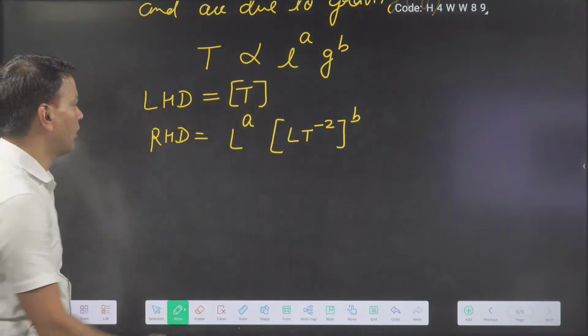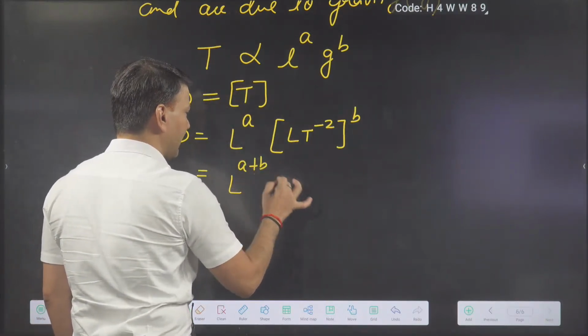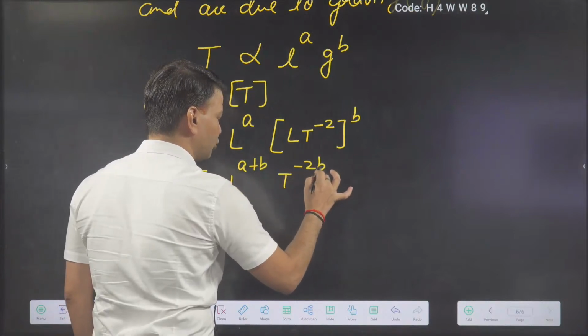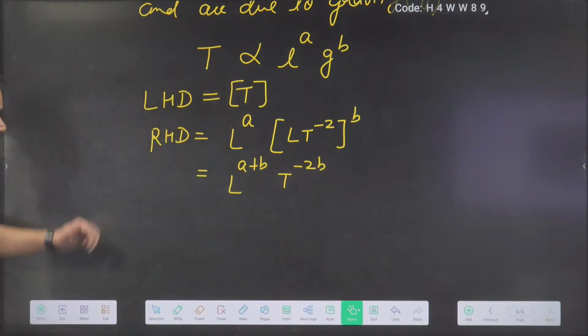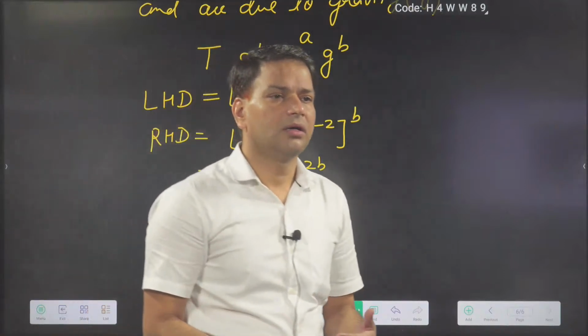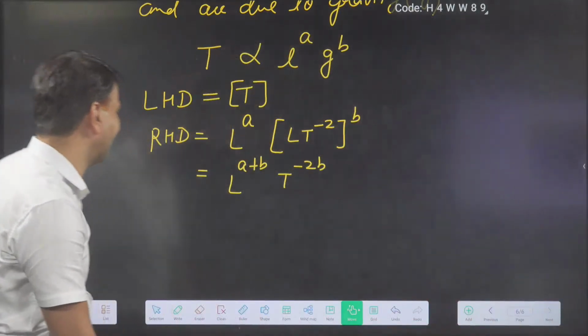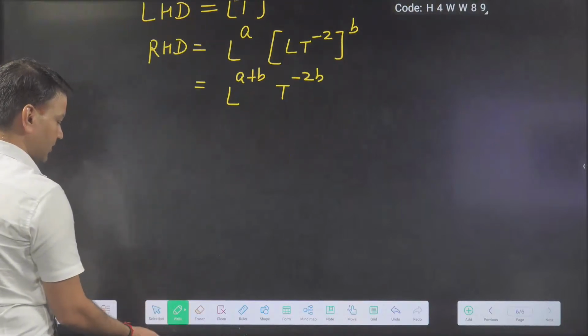Okay. Now what I will get here? For L I got L to the power A plus B, and T to the power minus 2B. Now if the equation is correct, then left hand dimension will be equal to the right hand dimension. So LHD will be equal to RHD.